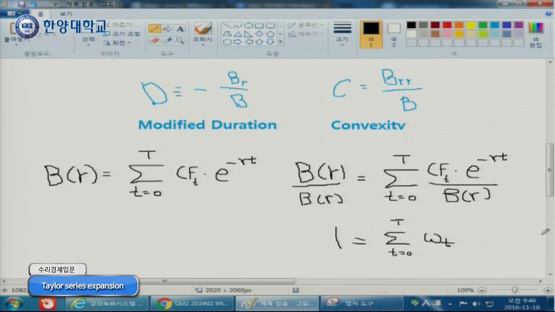Well, so let's think of the W_T. W_T is the basic weight measuring the importance of each cash flow. You remember, bond price is the discounted sum of future cash flow, right? So if we divide each term by B(R), we get the ratio between B and this discounted cash flow. So the sum of these weights is 1. Basically this measures the importance of a particular cash flow to total value, right?